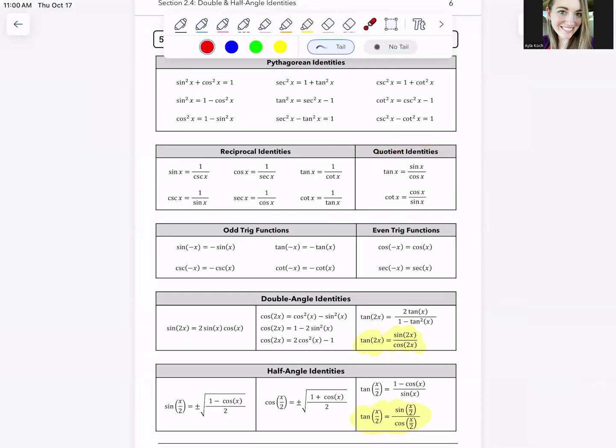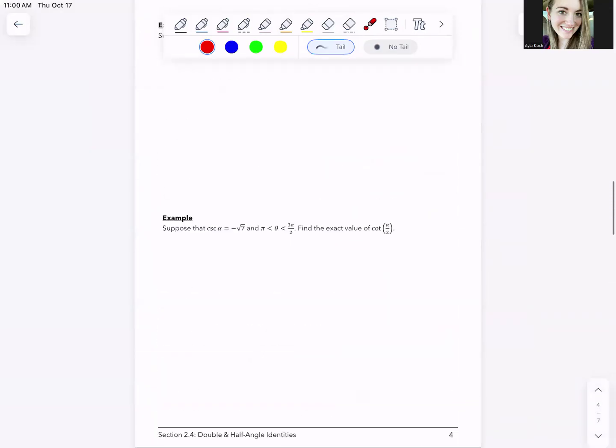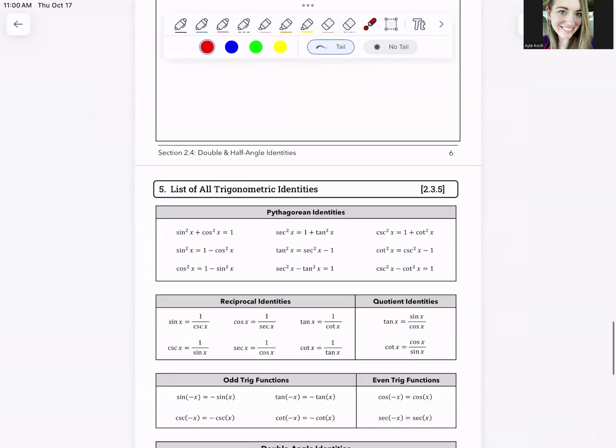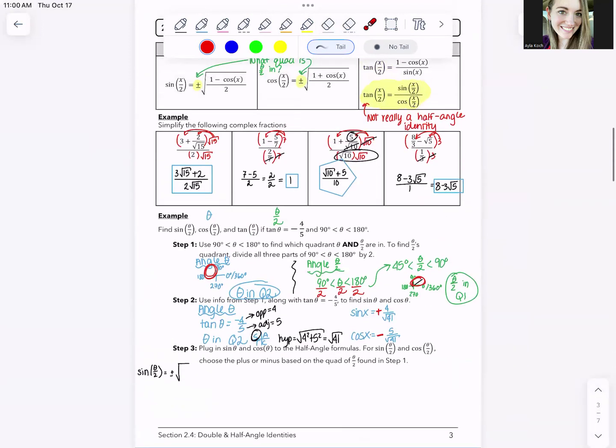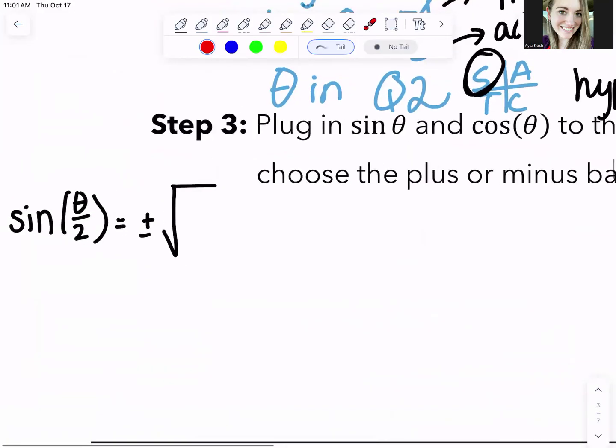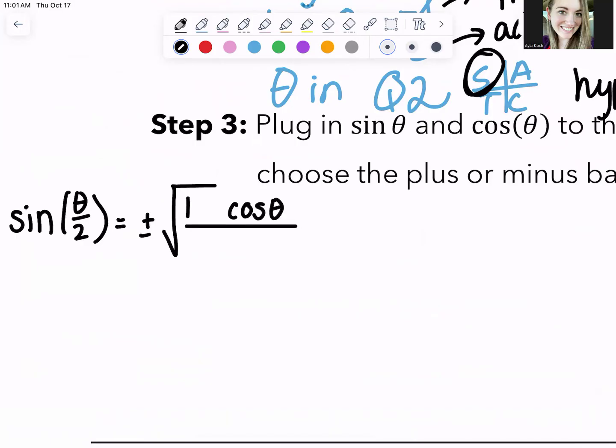Anyway, what was I saying here? You won't need to memorize these formulas because they are on a formula sheet that you'll be given. However, memorizing them is not too bad because the sine and cosine ones are so similar. The way I remember it, the general structure is 1 plus or minus, and then cosine theta, divided by 2. And I think for sine, it's the opposite sign, because it's not actually cosine.